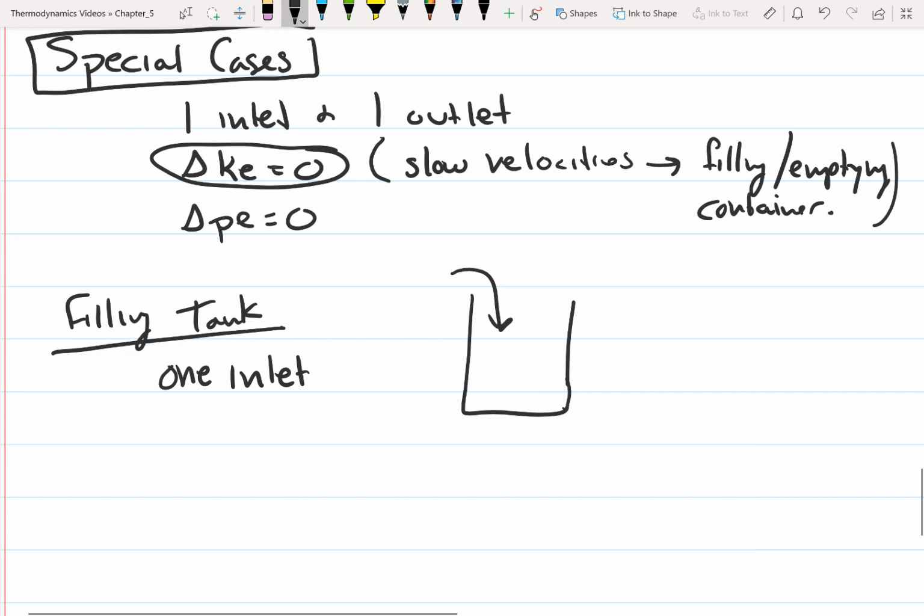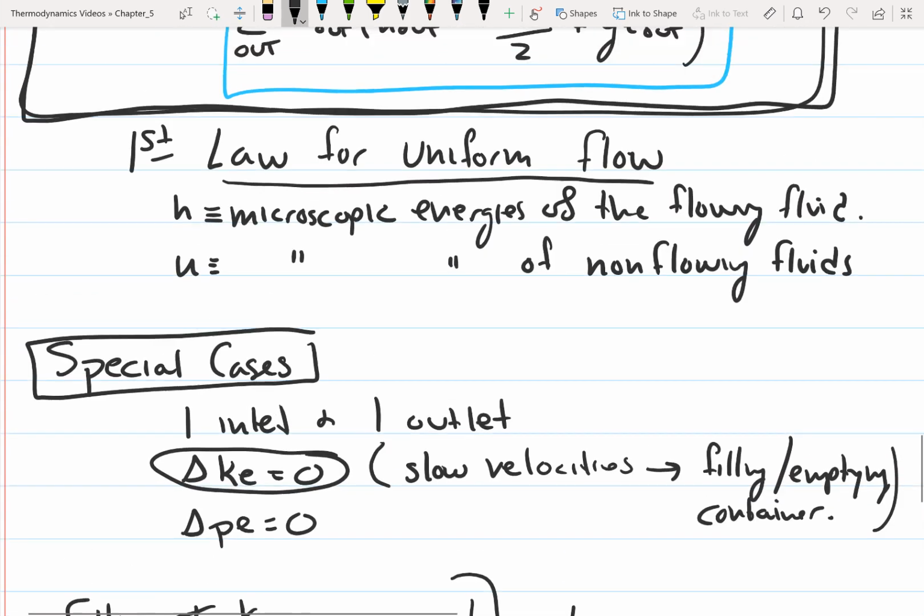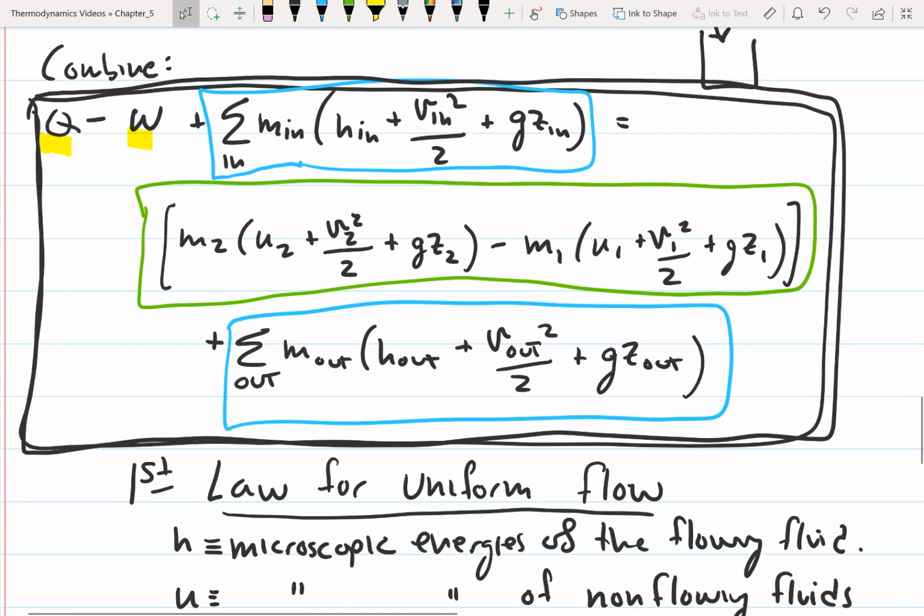And what this equation ends up being, once we go up here, if we're filling a tank and we're assuming that the change in kinetic and potential energies are 0, first of all, we're going to lose all of our outlet terms because there's no outlet.